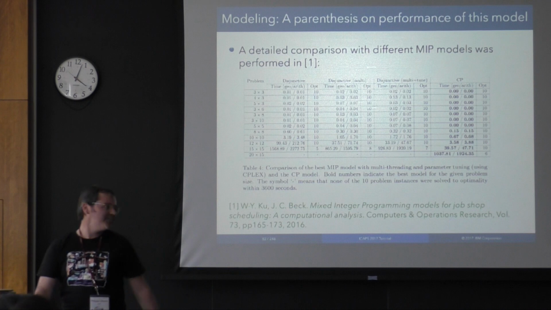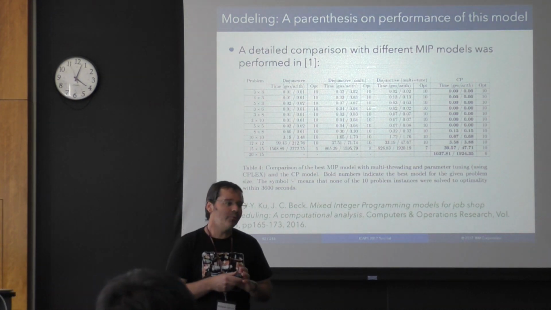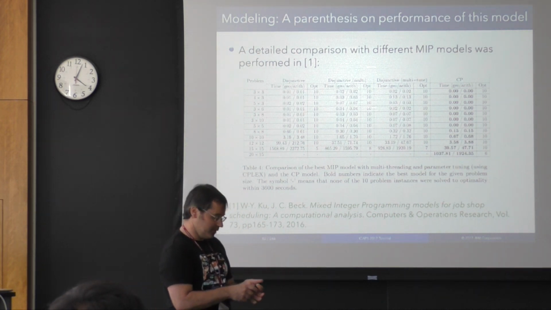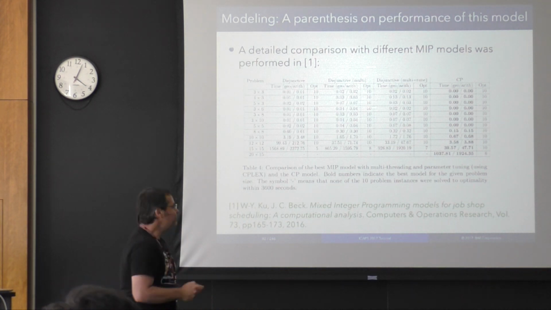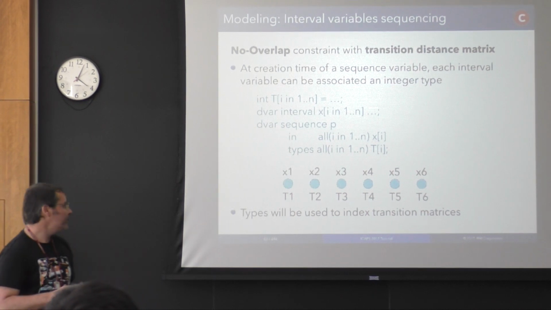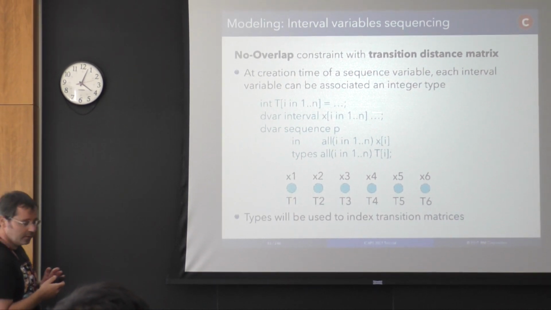Okay, so what we have seen so far is, as far as resources are concerned, how we can model no-overlap constraints on a set of interval variables, on a set of optional interval variables. There is one important thing that can be added to the no-overlap constraint, which is the notion of transition distance.